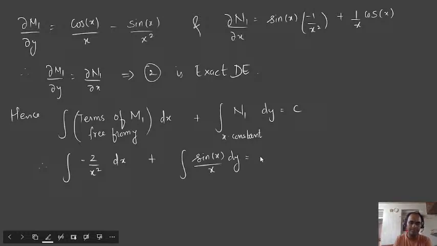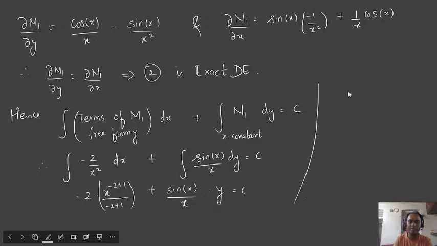Okay, so here when you integrate, it is minus 2 x raised to minus 2 plus 1 over minus 2 plus 1. This is the integration, and sin x over x is constant, so it comes out, and here you get y equals c.